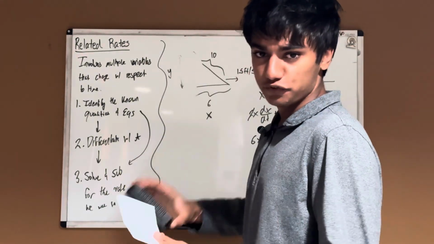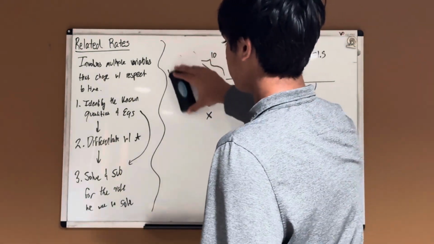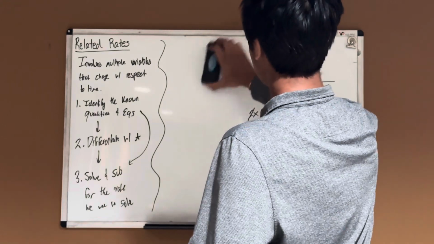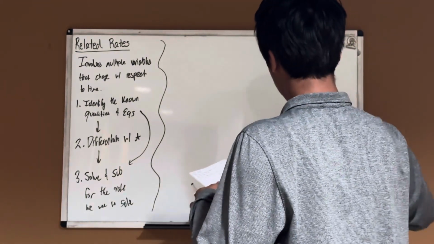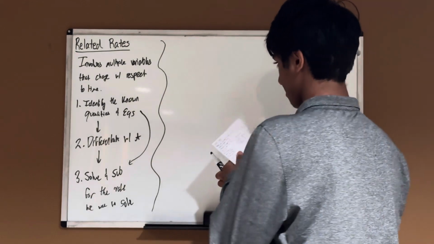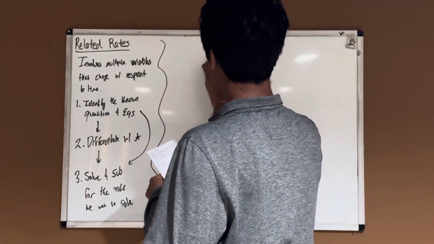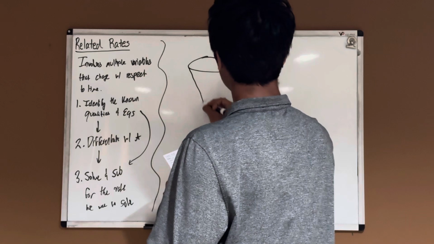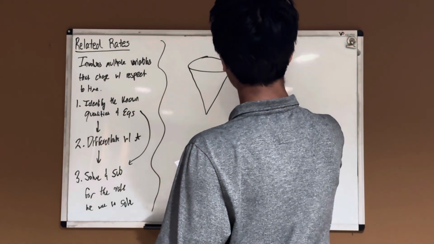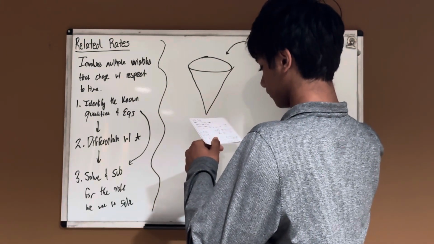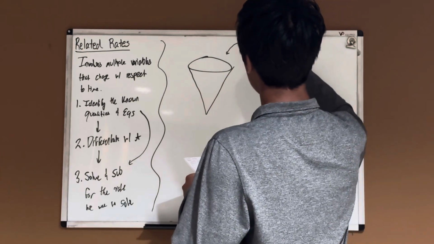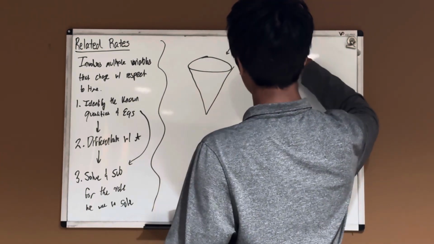This one's going to be a more challenging problem, and we'll have to do a little creative thinking here. So let's say we have a cone, like so, and water is being filled into it at a rate of 2 meters cubed per minute.